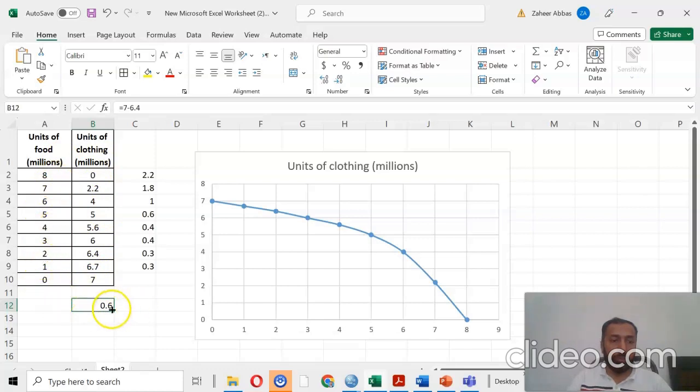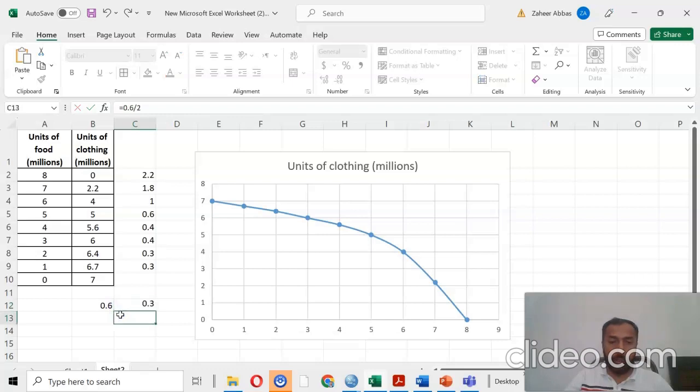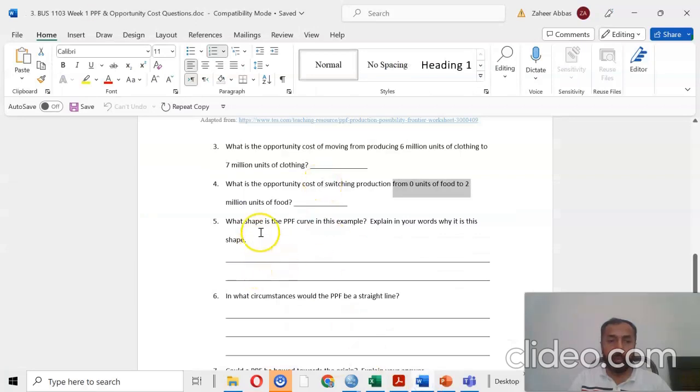So we shall divide this 0.6 by 2 to get 0.3. So 0.3 is the opportunity cost of switching production from 0 units of food to 2 million units of food.